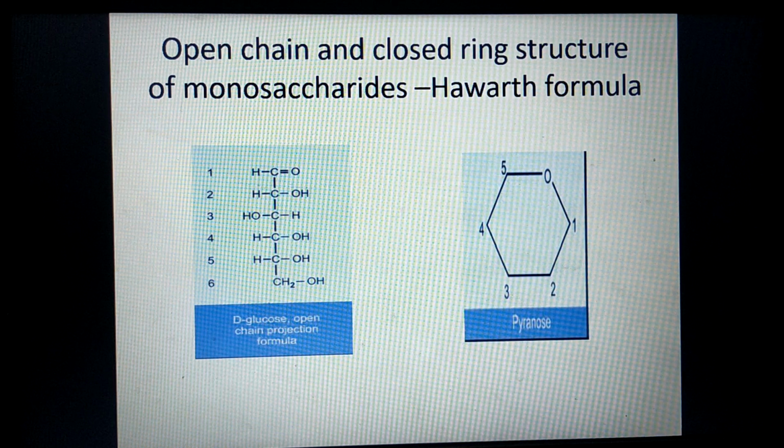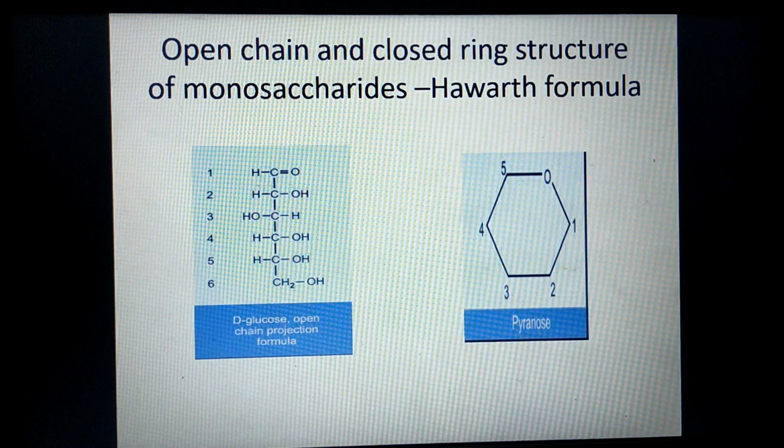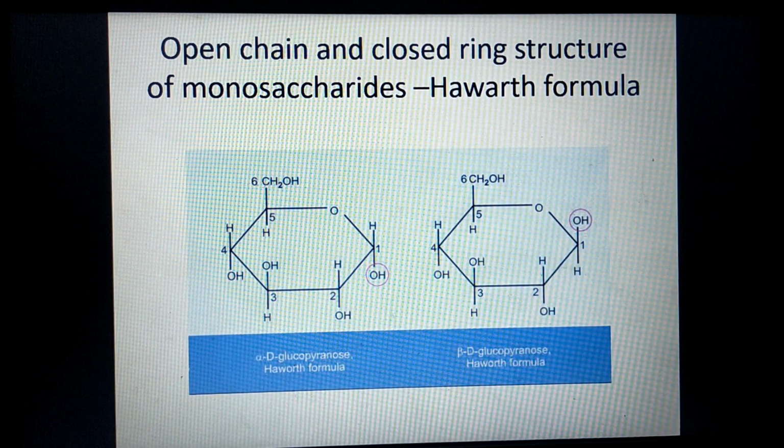In the Haworth formula, if you see, the first carbon of glucose combines with the fifth carbon of glucose with the help of an oxygen atom to form a ring which is called the pyranose ring, and the sixth carbon, which is the alcoholic carbon, forms a branch on the fifth carbon. So the structure is like this.